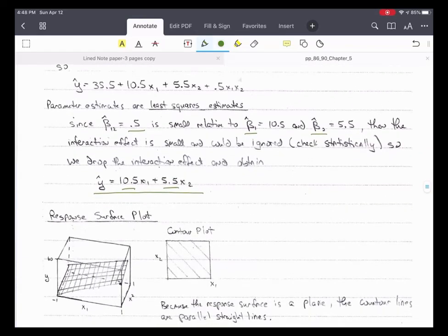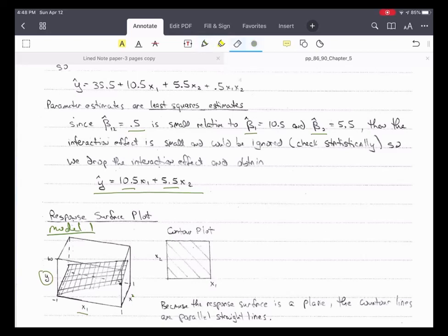So I did my best to draw this response surface plot for the first model. This is for model 1, okay, where we don't think we have any interaction. And here we've got y on the y-axis, and we've got x1 in this direction, and I've written it wrong. It's x2, not x squared.